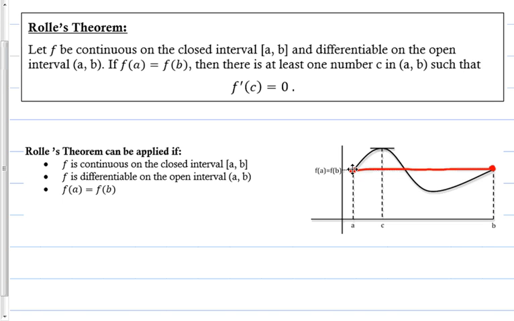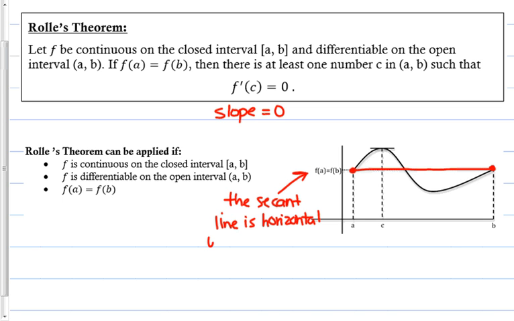The reason the derivative equals 0, please remember derivative is slope, right? Slope is 0. Well, the reason why is because if you look at the secant line, it is horizontal. So if it's horizontal, it's going to have a slope of 0.